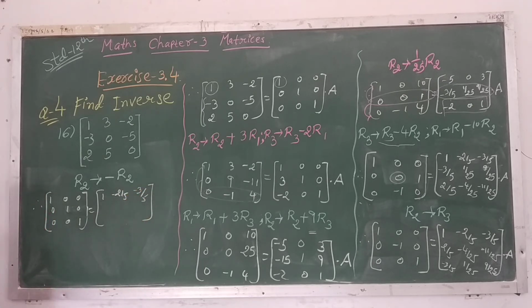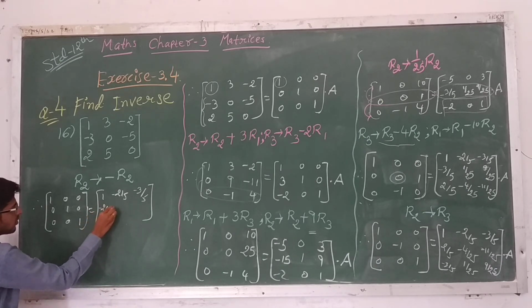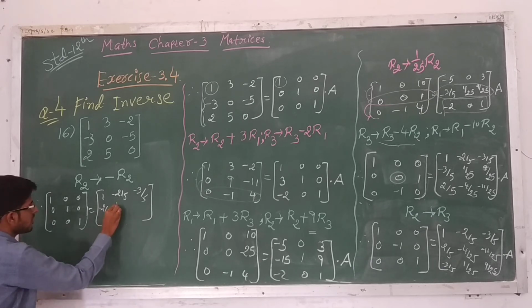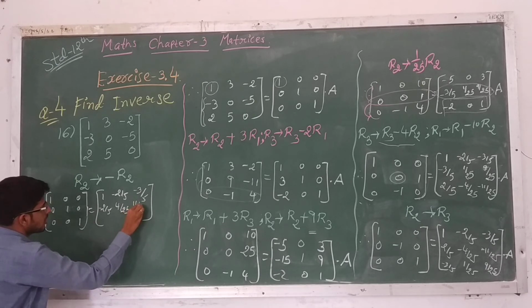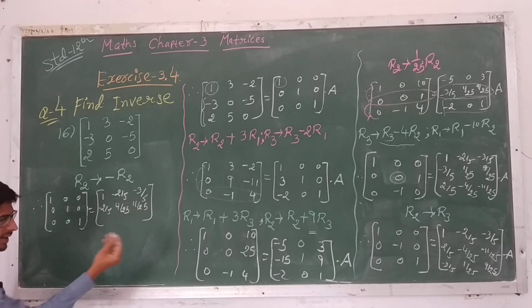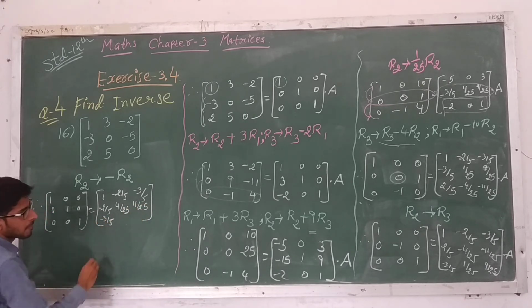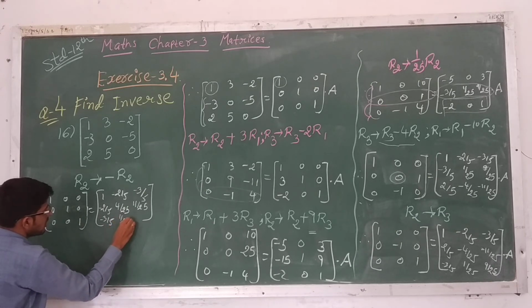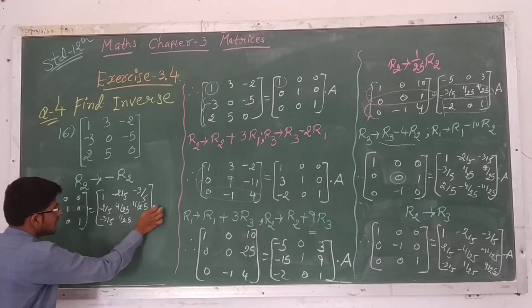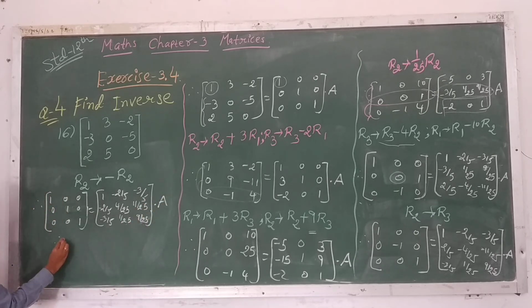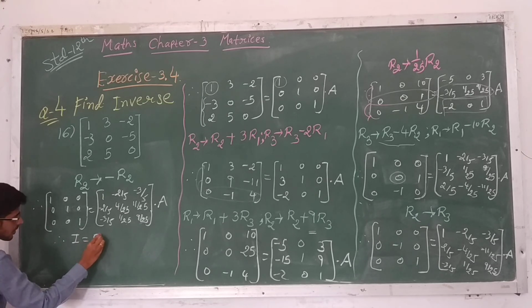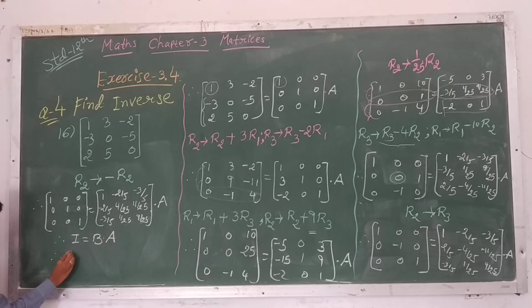The second row will have a different sign, so minus 2 by 5, because we have to multiply by minus 1. Minus 2 by 5, 4 by 25, and the third one is 1 by 25, and the third row will be as it is, minus 3 by 5, 1 by 25 and 9 by 25, into A. Therefore I is equal to B into A. Therefore B is equal to, it is our final answer.